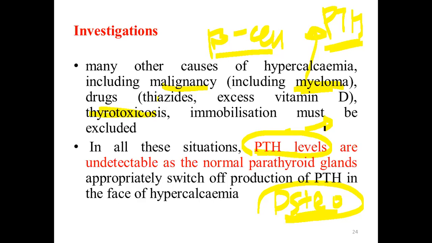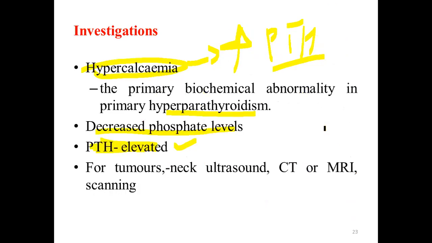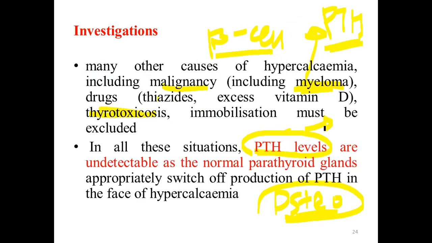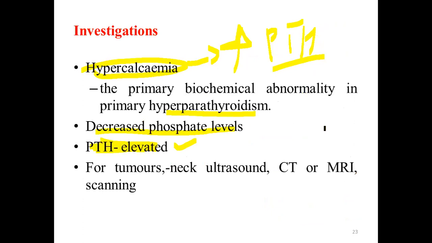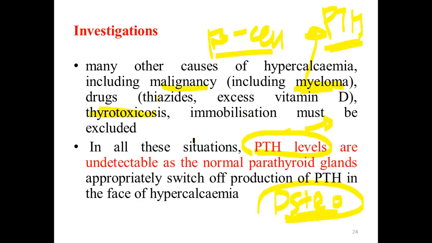Did you notice the difference between primary hyperparathyroidism and other causes of hypercalcemia? The PTH level is mostly elevated in primary hyperparathyroidism, but in the other causes it is significantly undetectable because of long-term suppression as a result of the high calcium level.